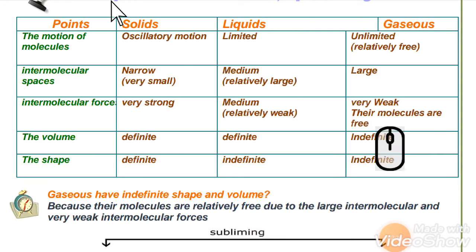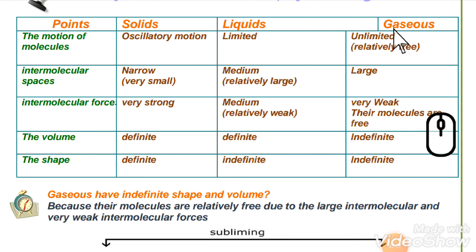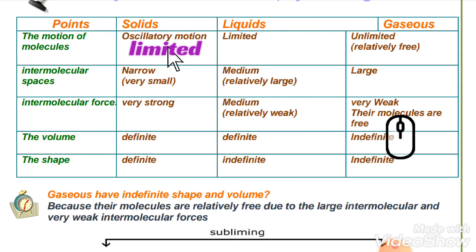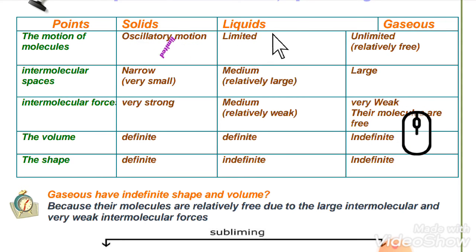Then we have a comparison between solid, liquid and gas. We have the motion of the molecules. What about the motion of the molecules in the solid state of matter? The motion is limited in the solid state of matter. In liquids, it's a little limited, but the molecules can move. And in gases, it's relatively free.